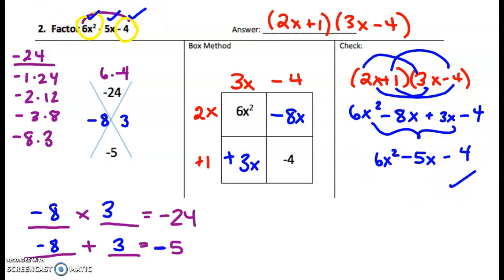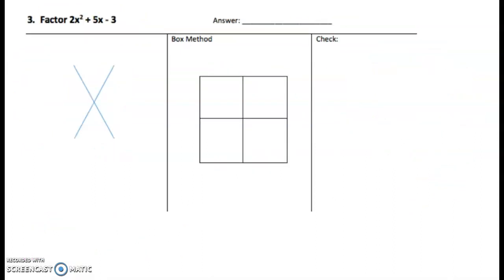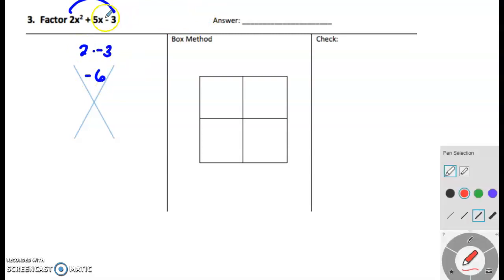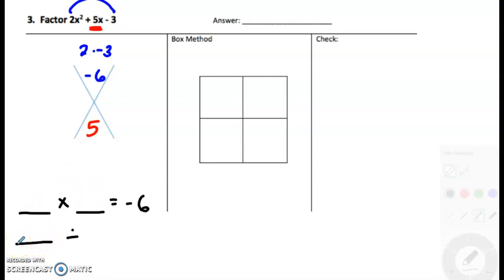Okay. All right, so I'm going to go through one more with you, and I'm just going to do this one a little bit faster, but from scratch. So remember, 2 times -3 gives me -6. This middle term is always what goes at the bottom. So the question we have for ourselves, what two numbers multiply to give me -6 that would add up to give me 5?